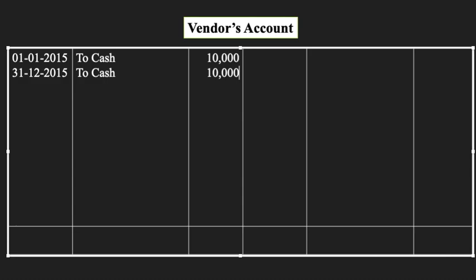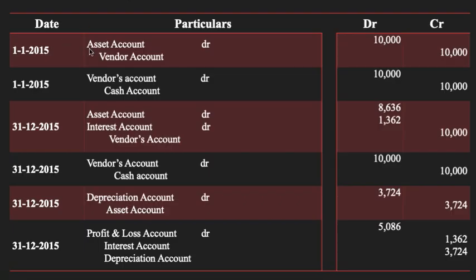So it is 20,000 here. Fine. We have here on 1st of Jan 2015 asset account debit to vendors account, the amount is 10,000 here. So here the asset account is getting debited, and vendors account is getting credited. So in the vendors account it will get credit by 10,000 rupees. And if we see here, we have now asset account debit, interest account debit to vendors account.